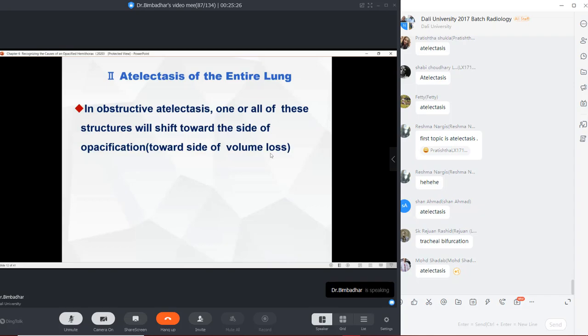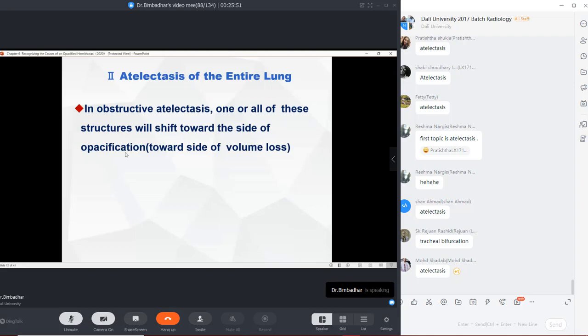We will talk about that mechanism when we look at the radiograph, but first try to remember them. The heart, the trachea, and the diaphragm will be pulled towards the same side. So ipsilateral mediastinal shift and ipsilateral tracheal shift will happen due to obstruction on some side.